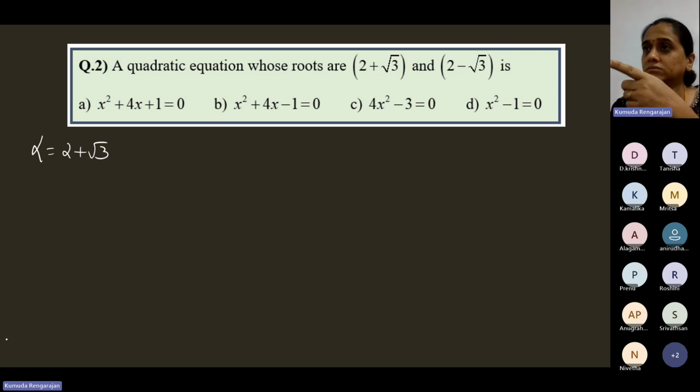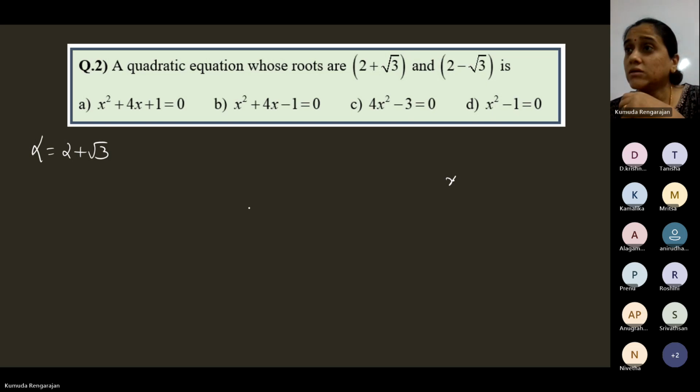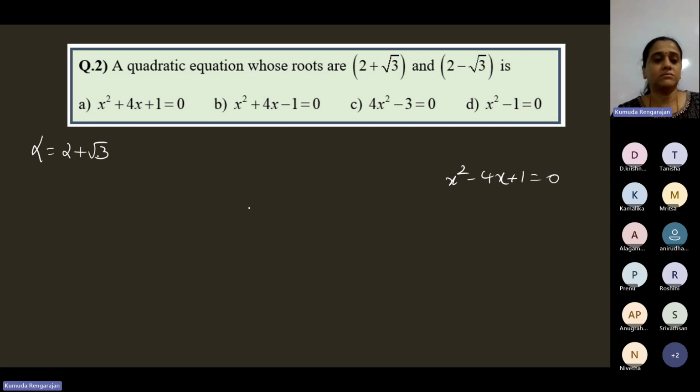What's the equation? X squared minus 4x plus 1 equal to 0.